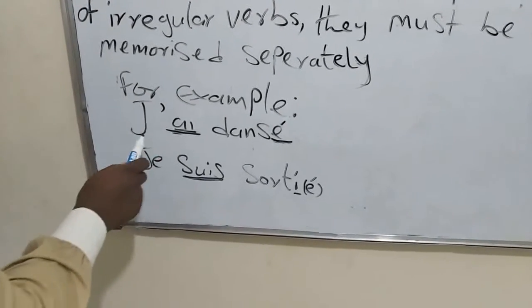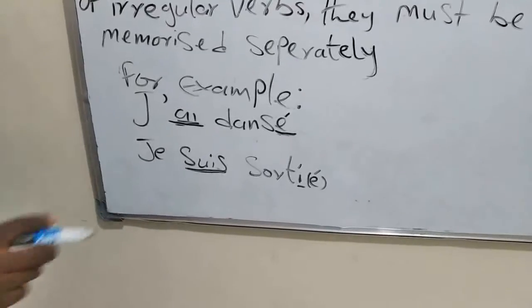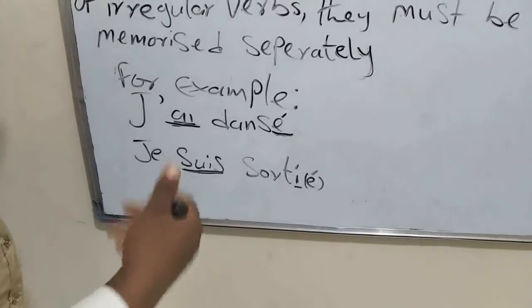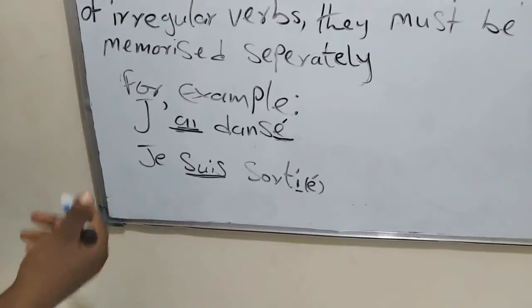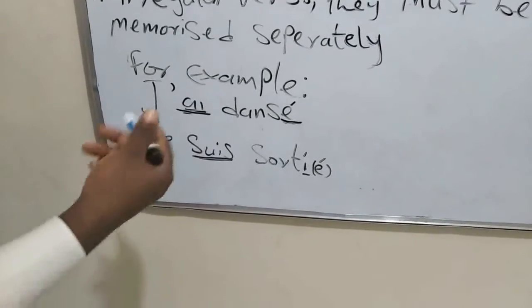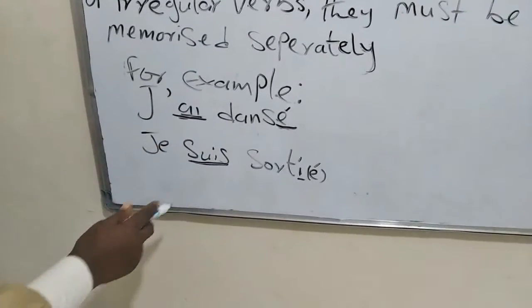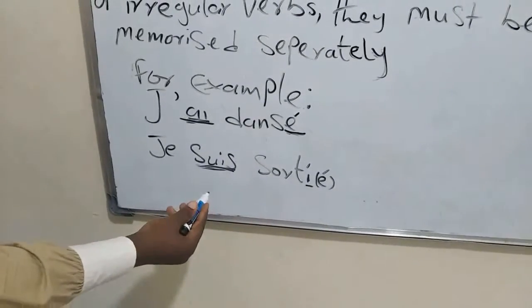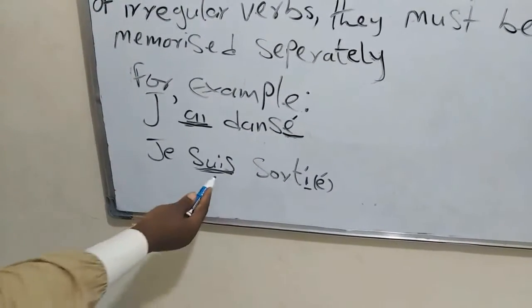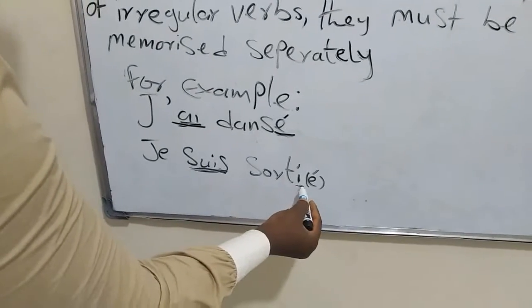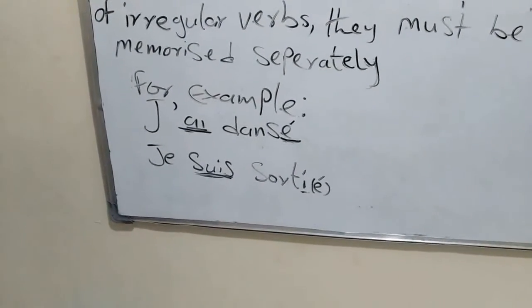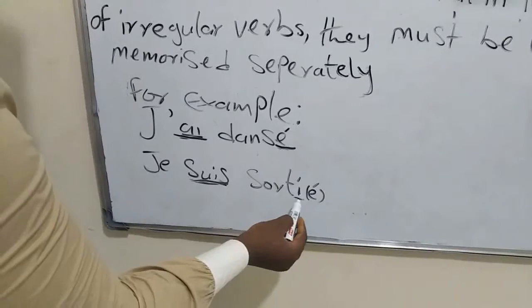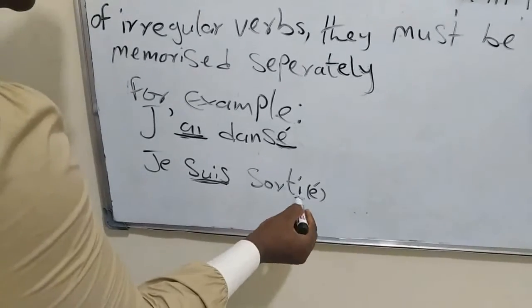Then for avoir is j'ai for present tense conjugation. Even if you have to talk about tu, il, elle, you have to say that in the present tense form. And now this is je suis, and I've underlined je suis, meaning that suis here is the auxiliary verb, and this is a past participle.